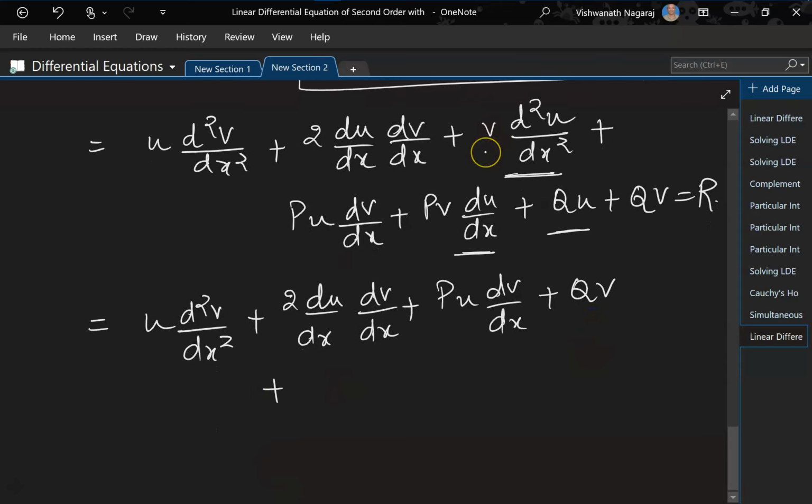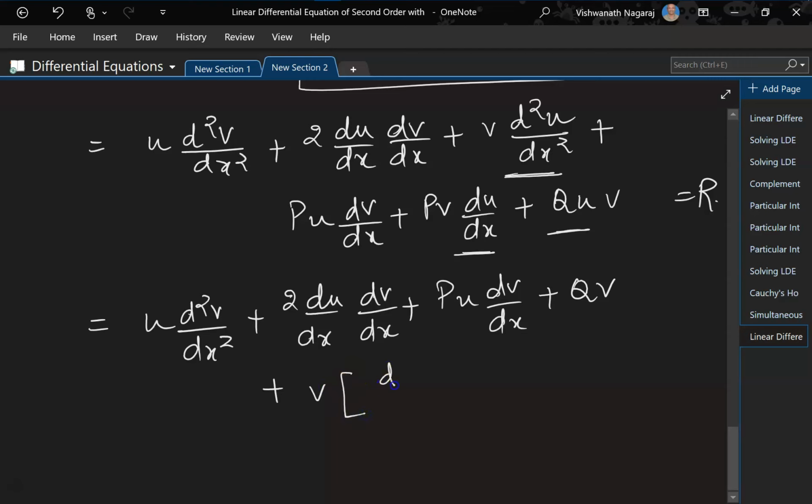Now if you notice, v is common to all the three, so let's take it out.